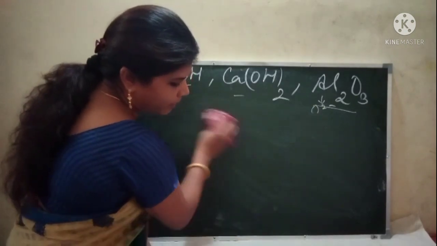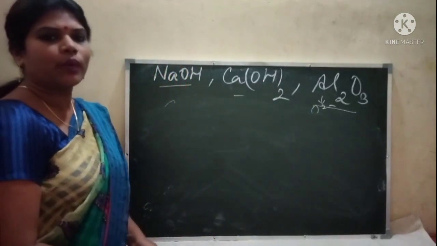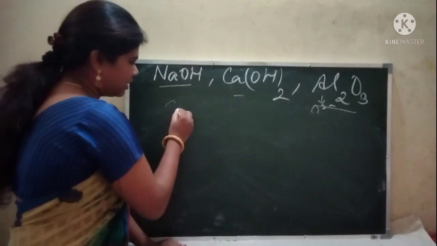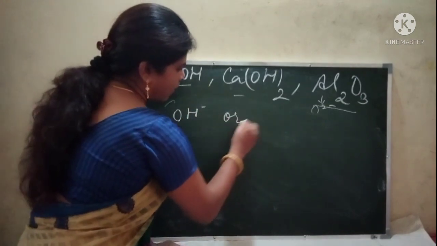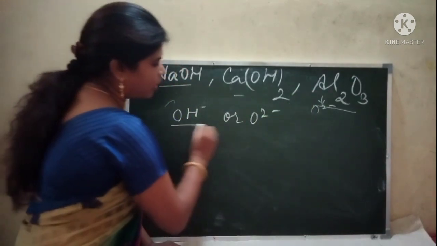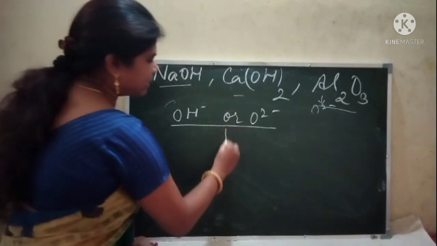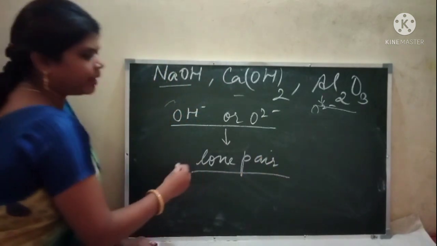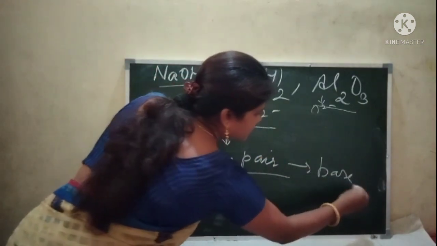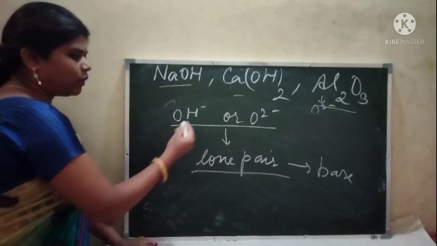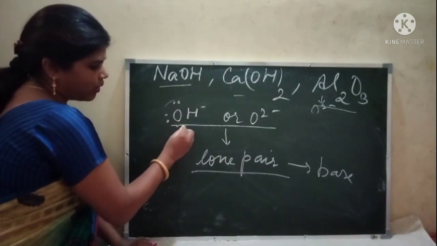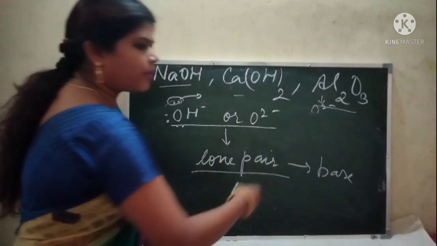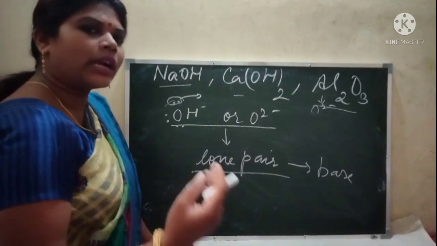The lone pair of electrons is present in the OH- ion or the O2- ion. The species which gives the lone pair we also call a base. Oxygen has lone pairs and is giving one of its lone pairs of electrons, so that is a base.